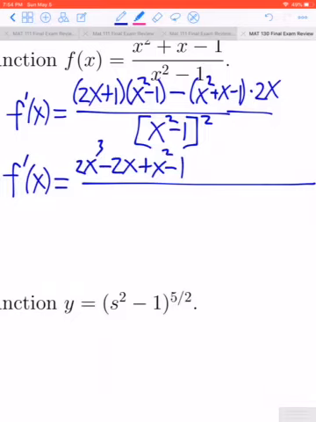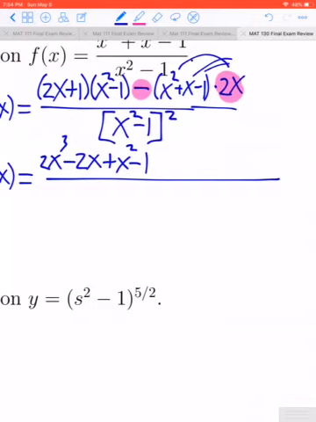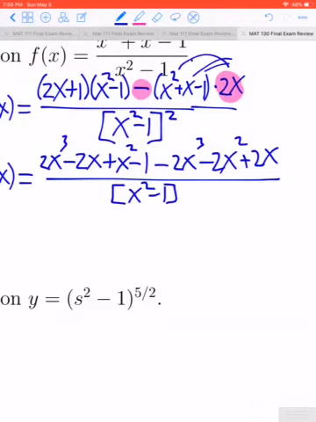For the second term, I can think of this as a negative 2x distributing into this parenthesis. Negative 2x times x squared is a negative 2x cubed. Negative 2x times x is a negative 2x squared. And negative 2x times a negative 1 should give us a positive 2x. And this is all over x squared minus 1 squared.